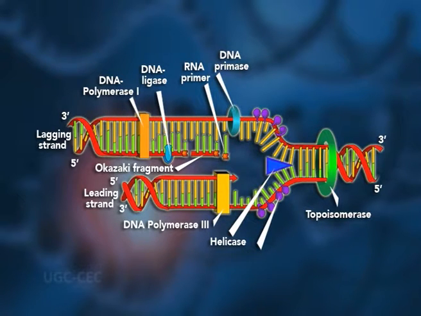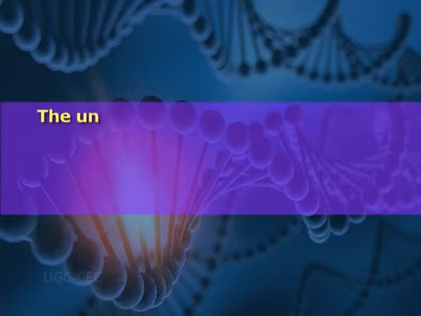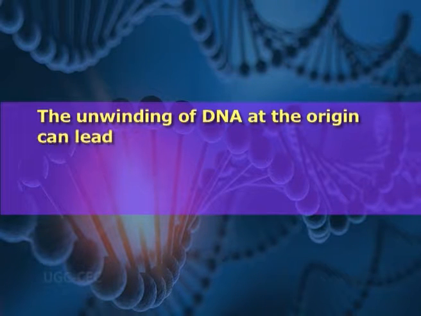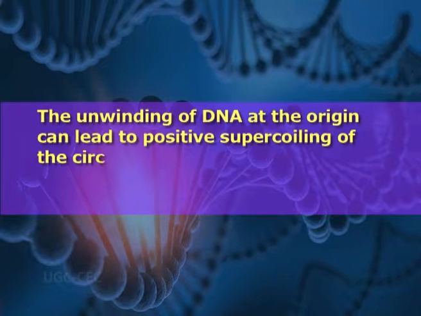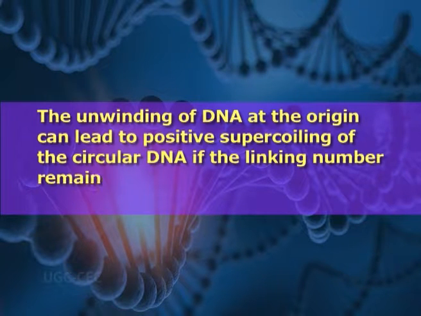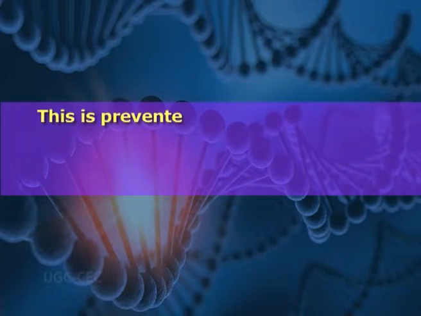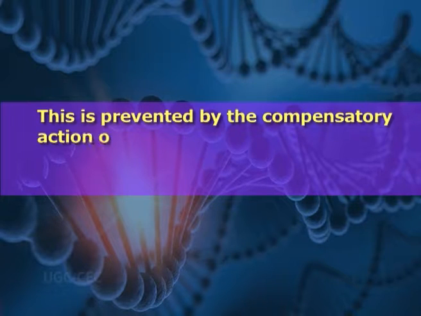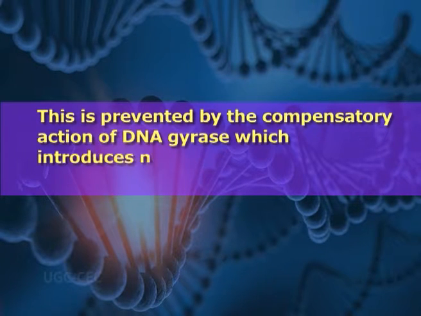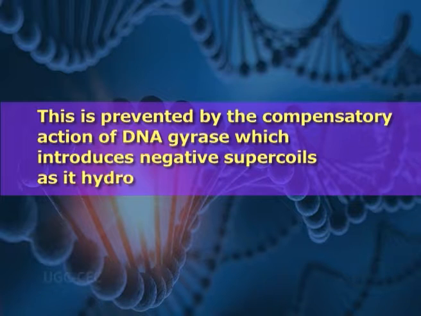It is a tetramer of 19 kilodalton subunits which binds cooperatively to single-stranded DNA. The unwinding of DNA at the origin can lead to positive supercoiling of the circular DNA if the linking number remains constant, and thus unwinding would soon stop. This is prevented by the compensatory action of DNA gyrase, which introduces negative supercoils as it hydrolyzes ATP.